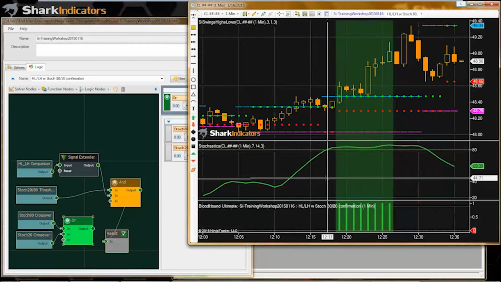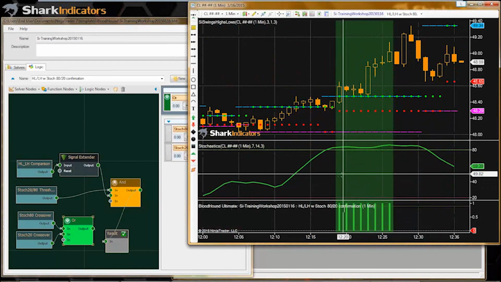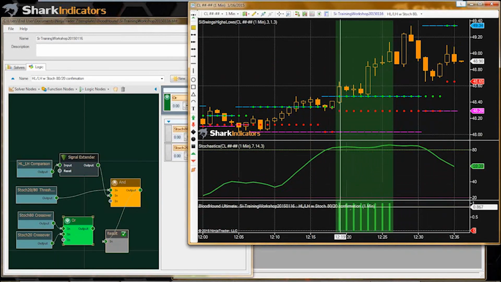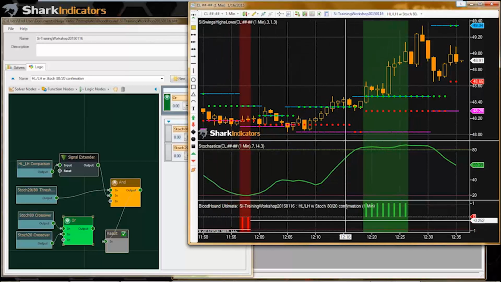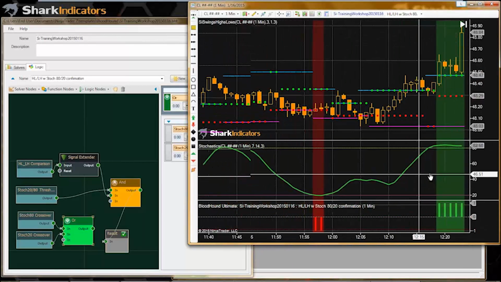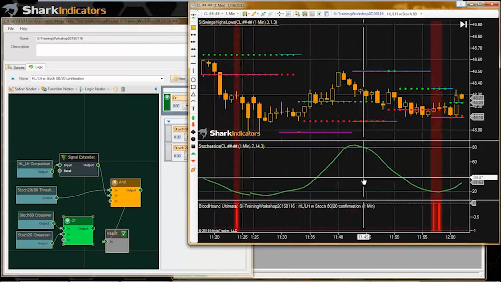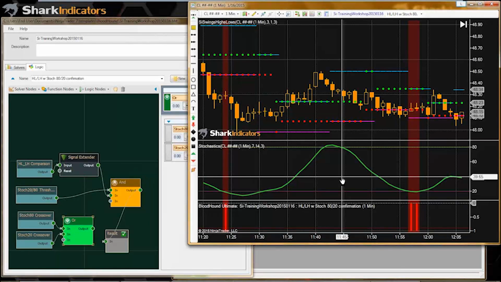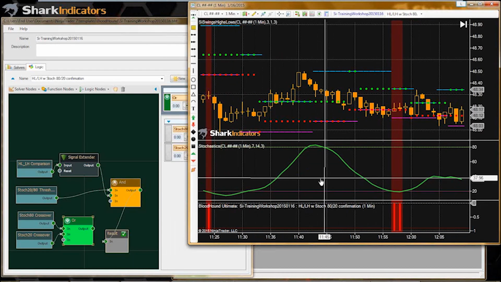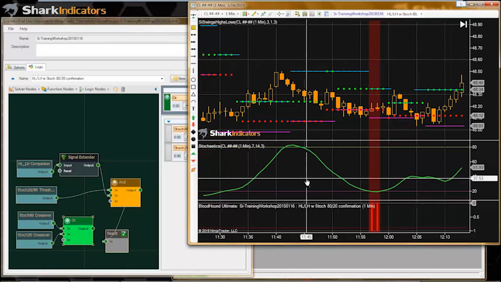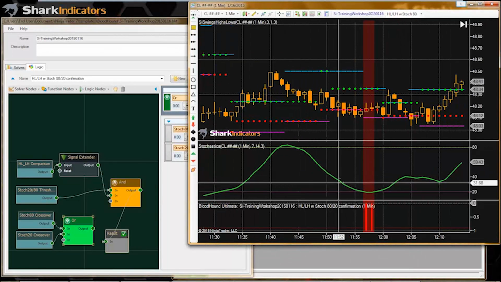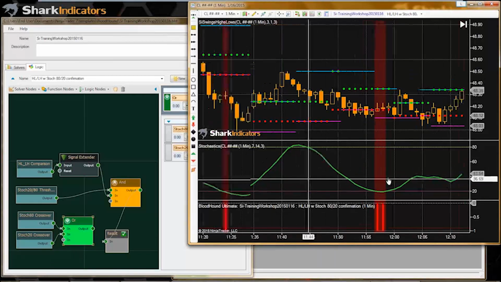All right, so here's our work area where we're getting multiple signals in a row. And let's see. And okay, yeah, this is correct. All right.